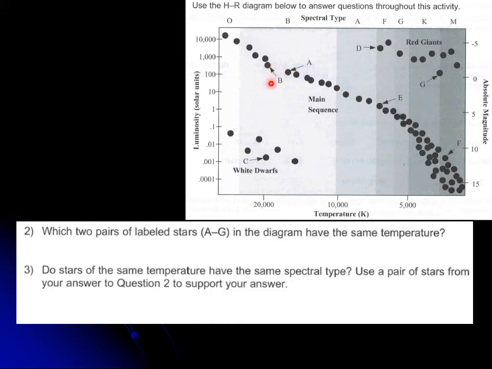B is here, and if we see, it has about the same temperature as C. So B and C can be said to have the same temperature. D and E also appear to have the same temperature. G, it's on its own. It's a little bit to the left of F, which is a little bit cooler. So the answer would be B and C and D and E.